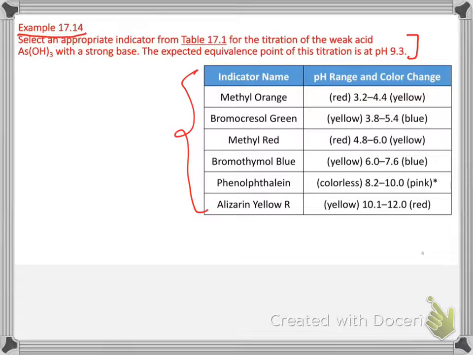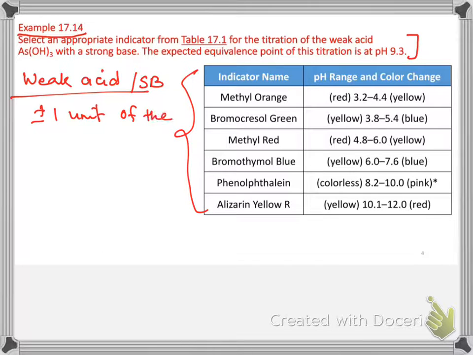So now, the important thing is we are talking about weak acid and strong base. So the ideal indicator would change color within plus or minus 1 unit of the equivalence point.